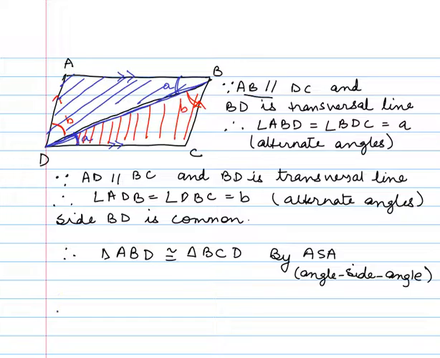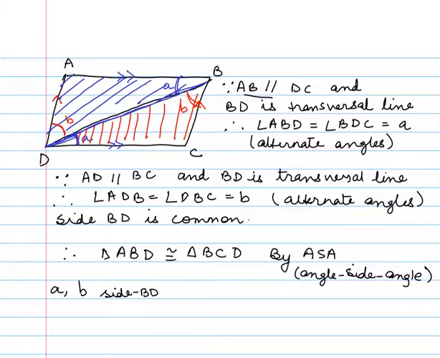So we have two angles, angle A, B, whereas a side BD, which is common to these two angles, right? This is common, means this is equal in both these two triangles. Side BD is common means side BD is equal. Side BD is in ABD as well as it is in BDC.